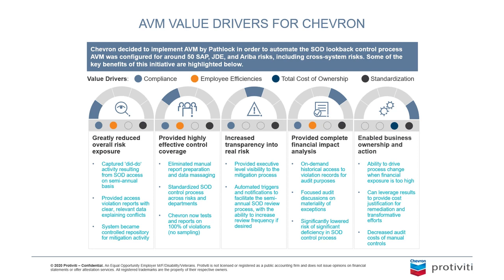And I know, Chris, there were some more points you wanted to add on the business ownership and action there on the last column on the right. Yeah, sure. I can give some specific examples of things that we've been able to see from experiencing the implementation and using AVM for the last 2 years or so.